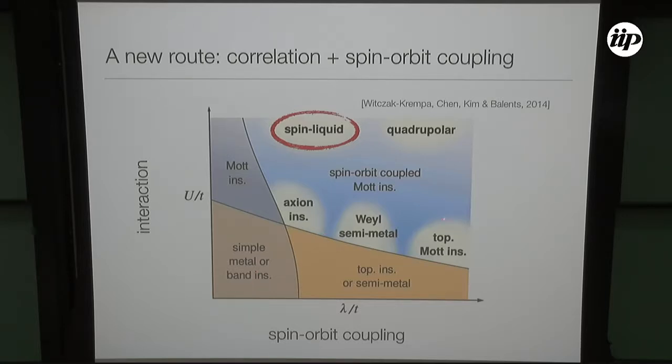These are theoretical predictions, really. There's not much experimental evidence, but there are predictions for many kinds of exotic phases, like axion insulators, Weyl semimetals, and so on. What people show on this diagram usually varies from paper to paper, so don't take the positions of these things too seriously.